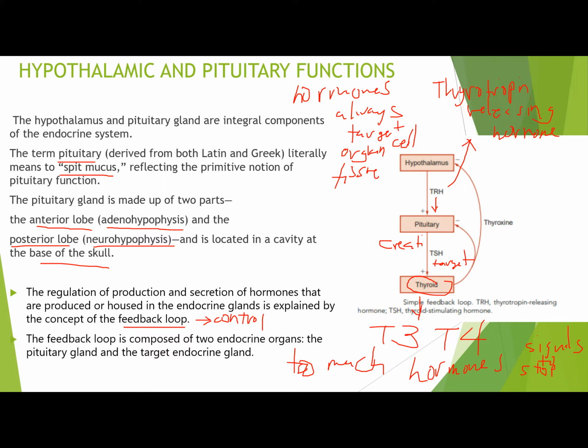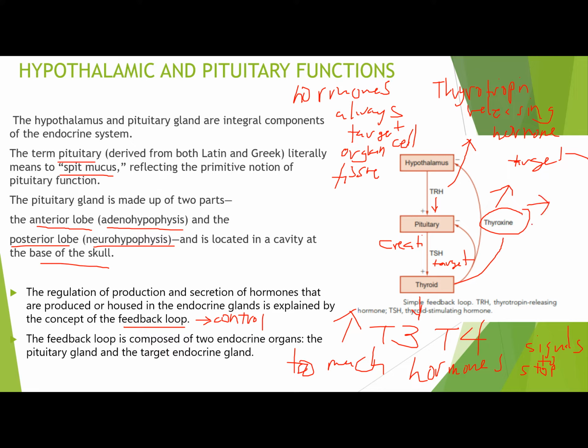How does this work? So, let's go back here, class. Once your thyroid senses or detects that there is too much T3 and T4 in the body, it will now send a signal, or it would release a hormone known as thyroxine. Thyroxine, class, has targets: the hypothalamus and the pituitary.